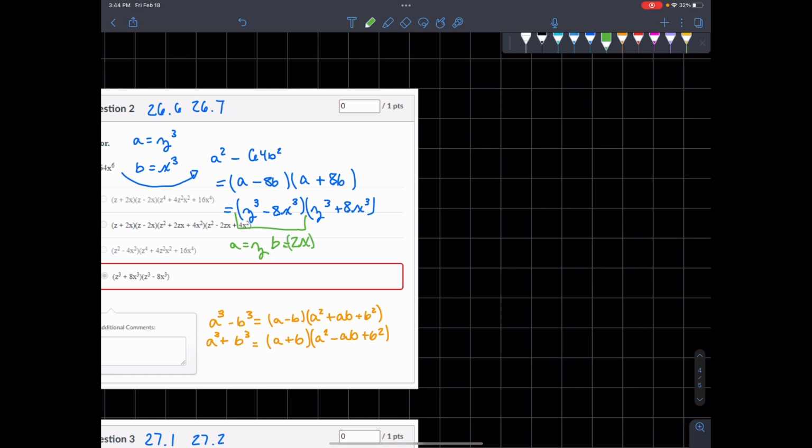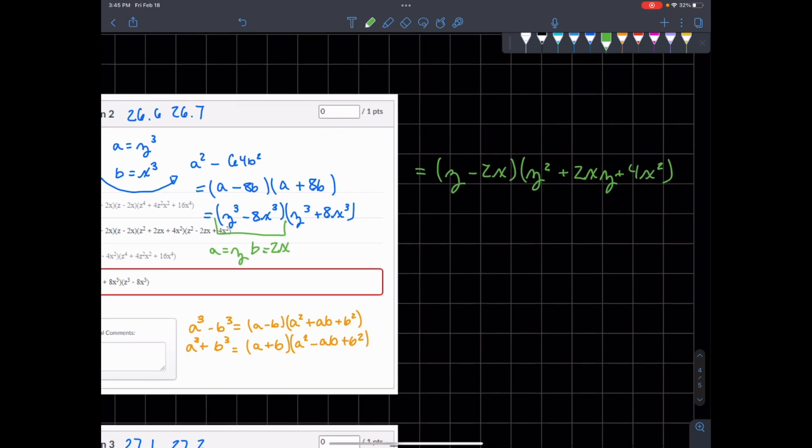So we're cubing the entire thing there. Perfect. So the first part of the equation, since it's minus, is z minus 2x times a squared, which is z squared, plus the two multiplied together, so that's 2xz, plus 4x squared.